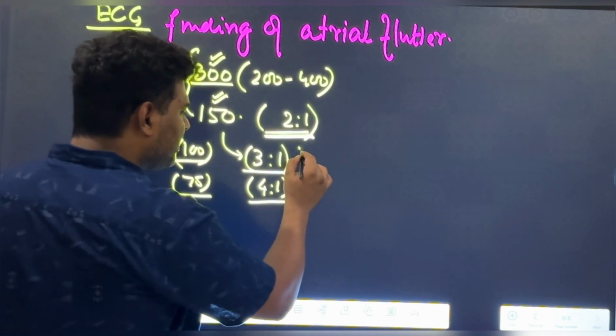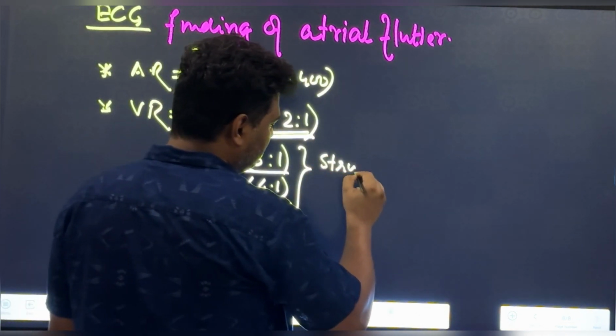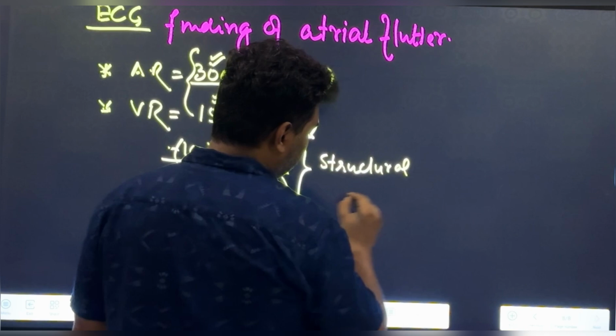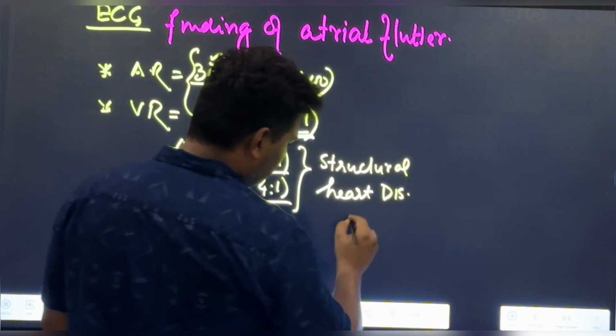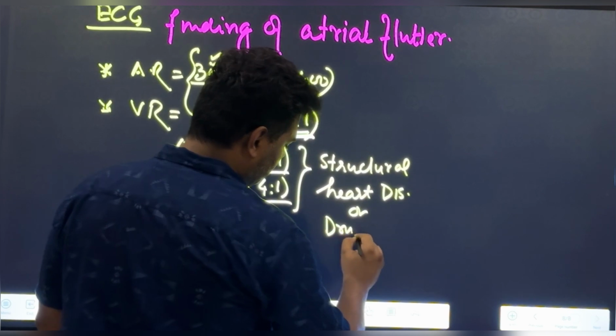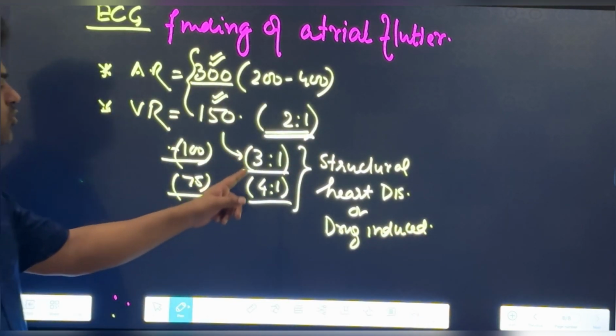These kinds of block are generally seen if there is structural heart disease or if it is drug induced.